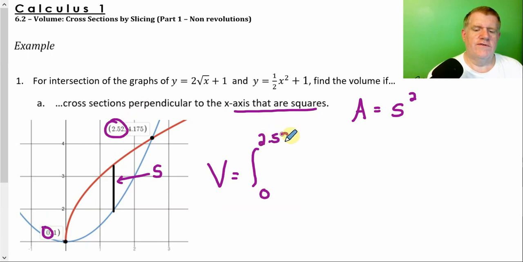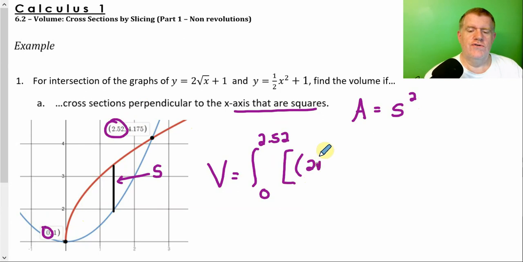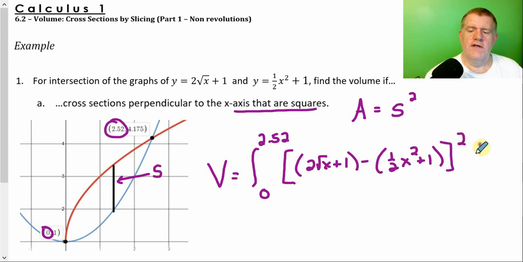The side is going to be represented by the red graph, which is 2 root of x plus 1, subtracting the blue graph, which is 1/2 x squared plus 1. It's this distance squared. Squared because that's the area of a square. You take the side and you square it.